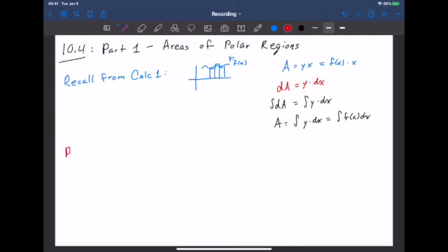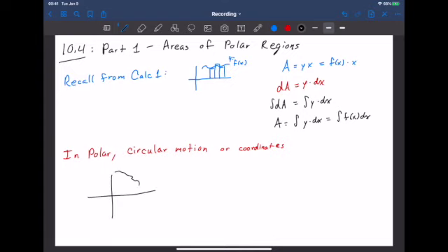So in polar, we're dealing with circular motion or coordinates. So the idea is we have some function now, and it's maybe a wavy guy, like that. And we want to use pie type shapes.